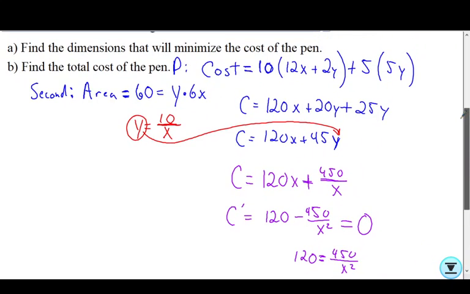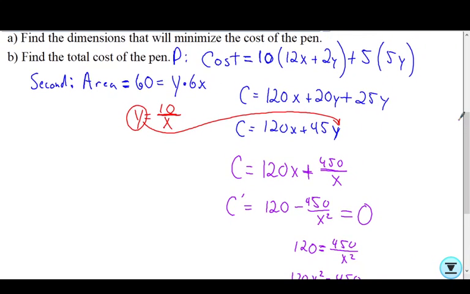Okay. So that's my x, right? Then they say we need to find our dimensions, so we need to find y. So that's 10 over the square root of 15 over 2, which is, dividing by a fraction is the same thing as multiplying by its reciprocal.